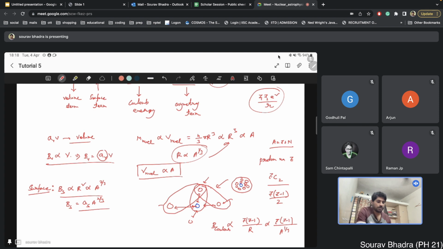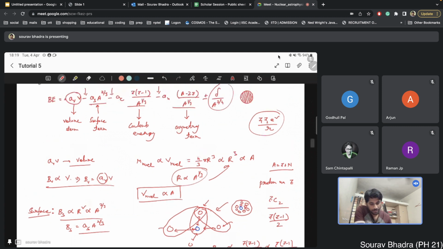So this is proportional to Z times Z minus 1 by A to the power 1 by 3. The A to the power 1 by 3 in the denominator comes from the radius, and the Z into Z minus 1 comes from the number of combinations, in how many ways you can select two protons from the Z number of protons.